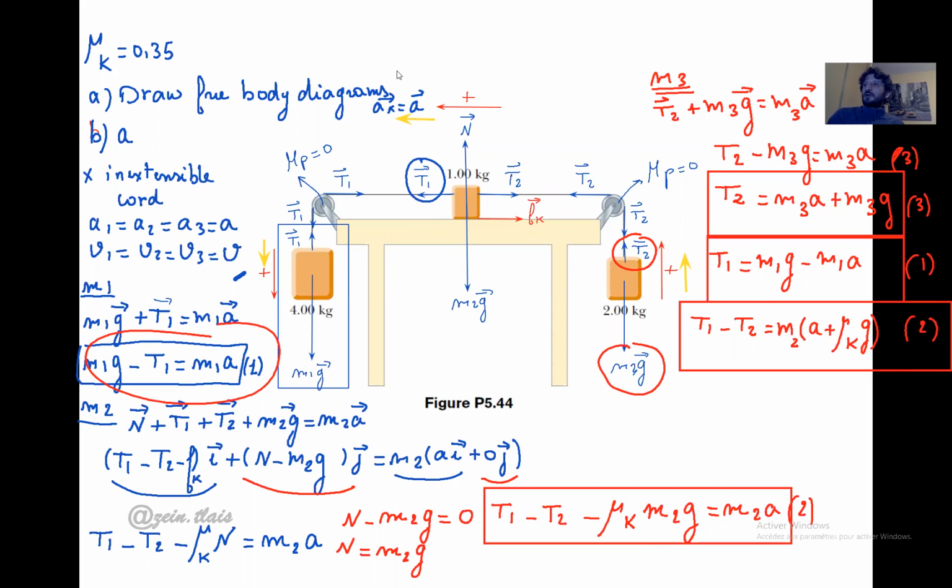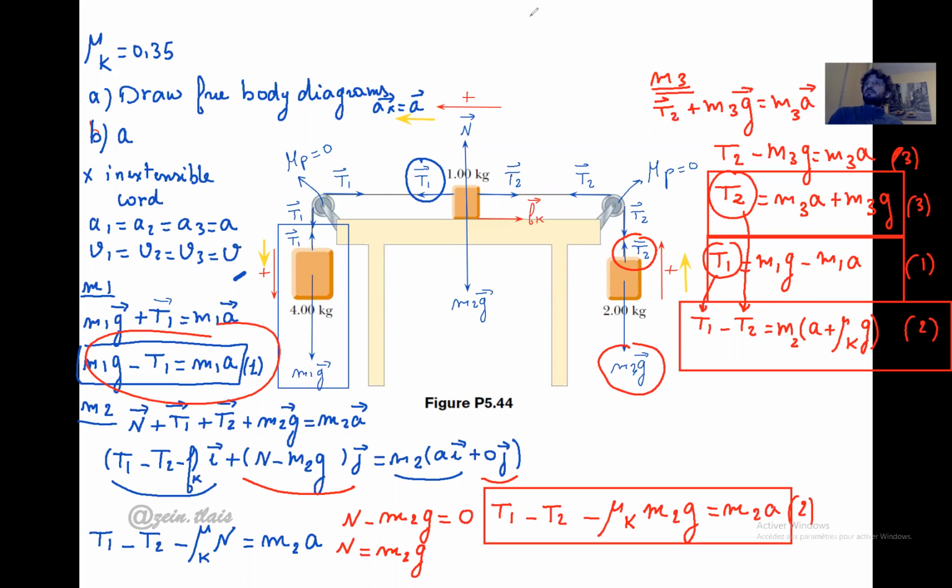What we have to do, we substitute the value of T1 here, the value of T2 here, and we can calculate A. Okay, it's easy.